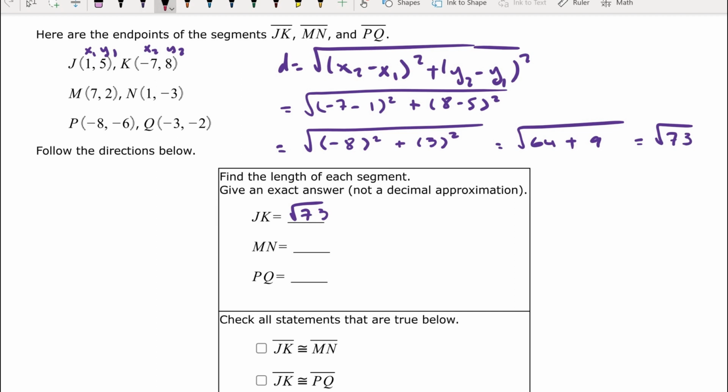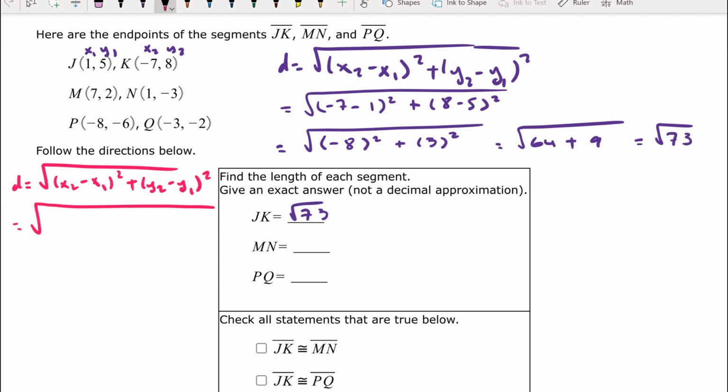Alright, MN. So we use the same formula to find the distance of MN. x2 minus x1 squared plus y2 minus y1 squared equals, with x1, y1, x2, y2.